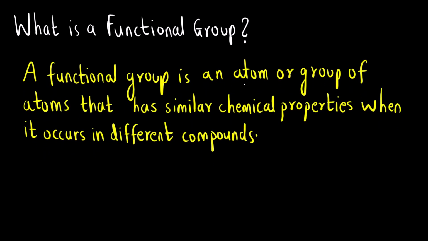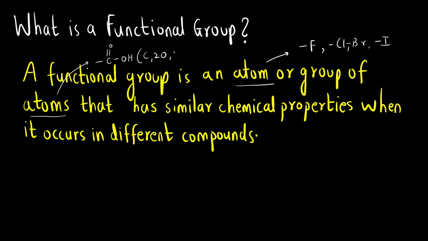A functional group can be a single atom. For example, we study halogens, right? So it can be a fluorine atom, chlorine atom, bromine atom, or iodine atom. Or it can be a group of atoms, for example carboxylic acid. The carboxylic acid functional group is C double bond O OH. So it is a group of how many atoms?